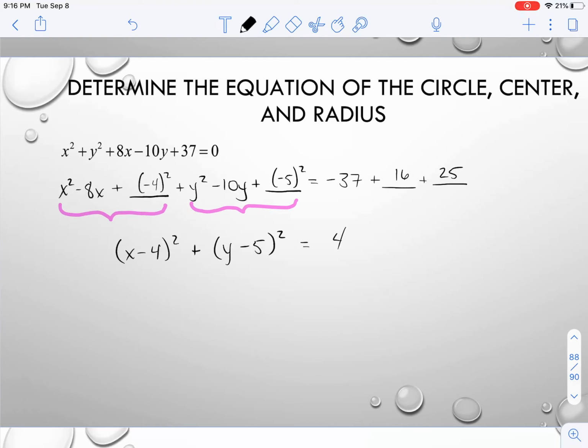If I simplify one more step, x minus 4, quantity squared, plus y minus 5, quantity squared, equals 2 squared. So I have a center at 4, 5, and I have a radius of 2.